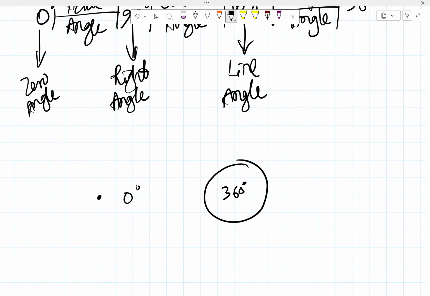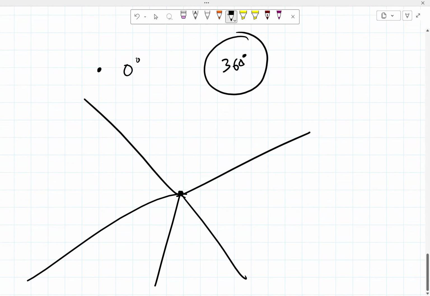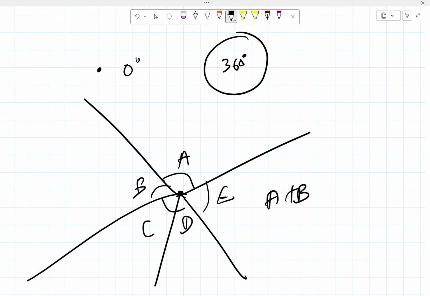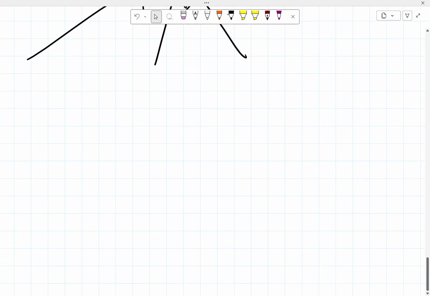So they tend to coincide, because if you have this single point and you have different angles projecting from it, and this is angle A, B, C, D, E, then A plus B plus C plus D plus E will add up to 360 degrees, right?